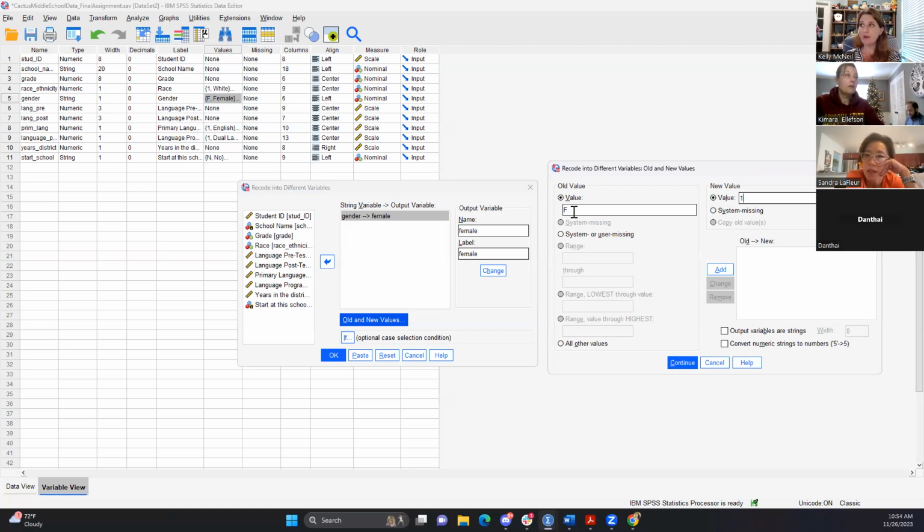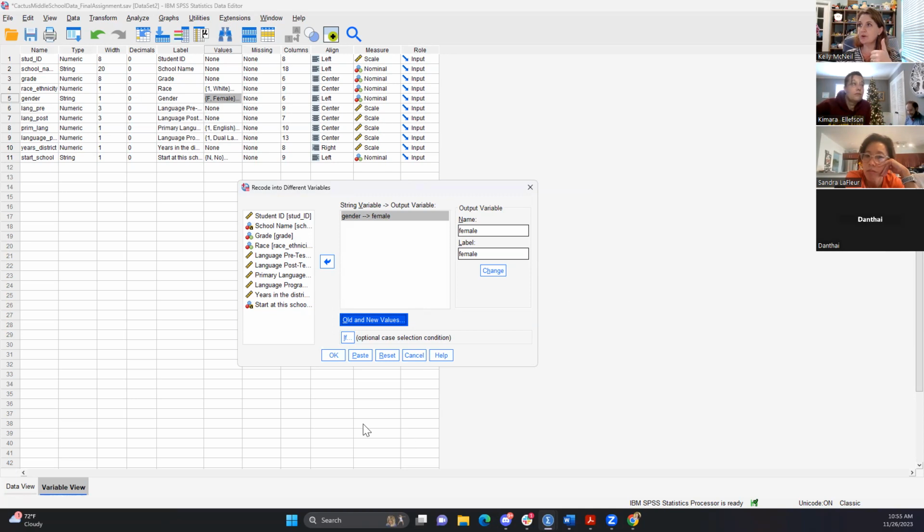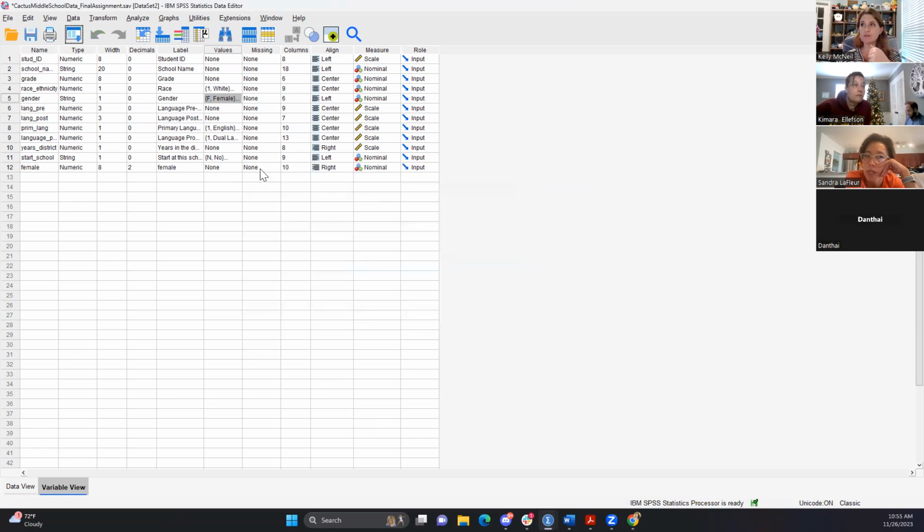And once we type in old value and we type in new value, we click add. And then this little table shows us that the old value of F is now going to equal 1. And then we have to do the same thing for male. So the old value of M is now going to be 0, and we click add. We good still? Yep. Okay. And then we click continue. And then we're back here, and then we just click OK, and then it creates that for us.